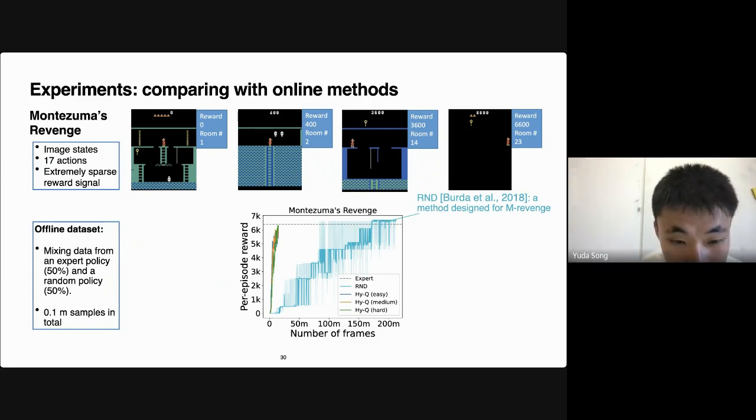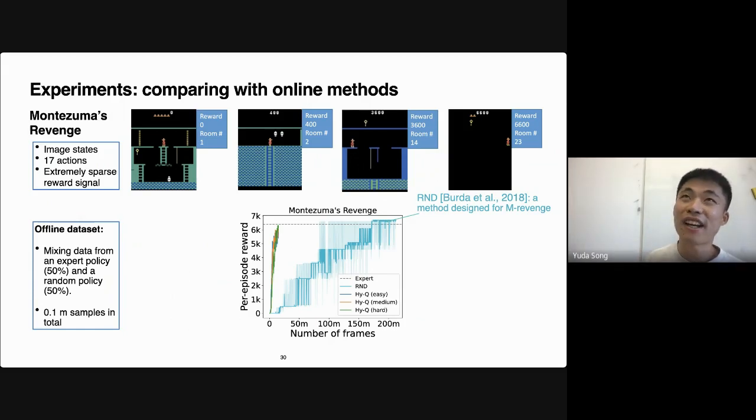The dark blue, orange, and green curves are HighQ using different quality of offline data: 100% expert data, 80% expert data, and 50% expert data, respectively. And you see the curves are basically the same.